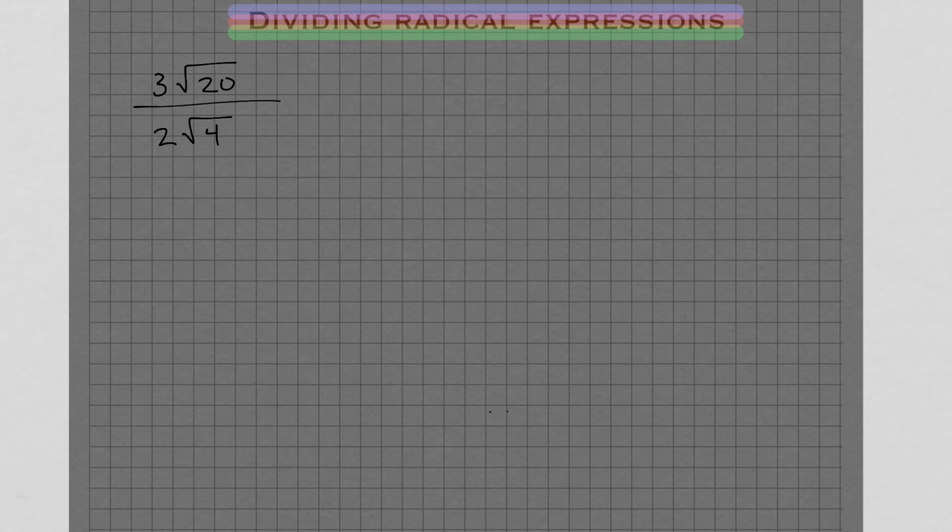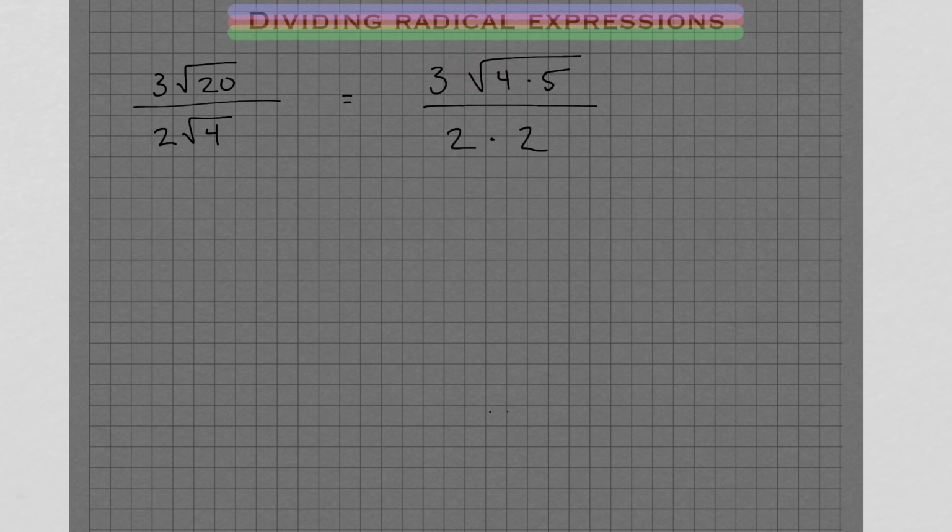In our final problem here we have 3 times root 20 divided by 2 times the square root of 4. Now we can rewrite this. We can say that this is 3 times the square root of 4 times 5 divided by 2 times the square root of 4, which is just 2 times 2. Now this allows us to take out this 4.